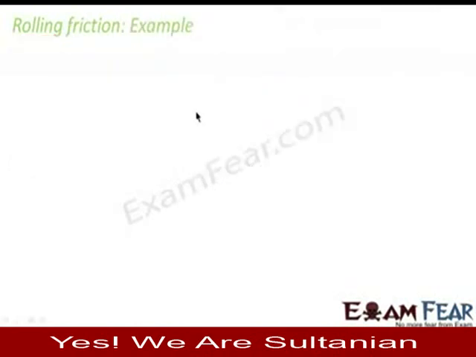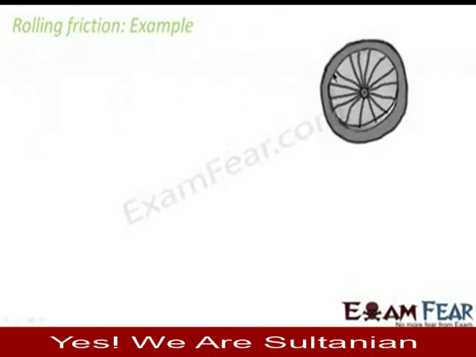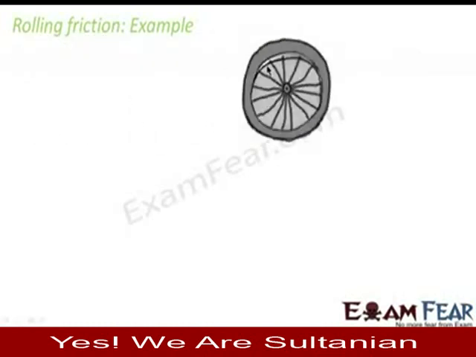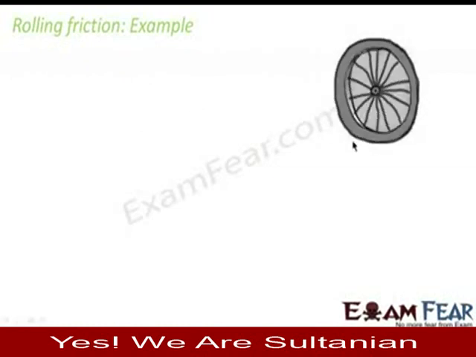Now let us look at certain examples of rolling friction. The most common example is the wheel. The wheels in all your vehicles all work with rolling friction, because as you can see here, when the wheel rolls, the point of contact of the wheel with the road keeps changing with time. It changes like this. So here also the rolling friction comes into play.